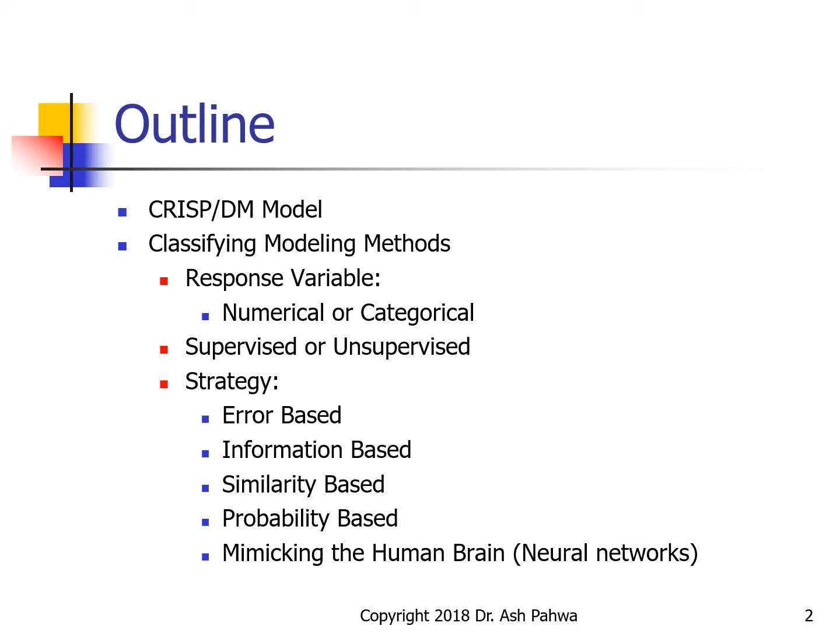We can also divide them based on supervised or unsupervised. And in the end, we are also going to look into the strategies. So we can use a strategy to classify these modeling methods. So the strategies are error-based, information-based, similarity-based, probability-based, or mimicking the human brain. So that is the outline of this lesson.